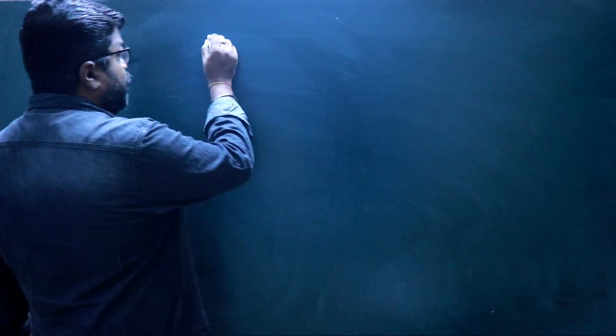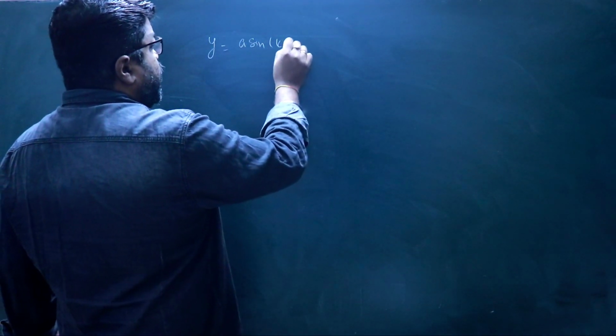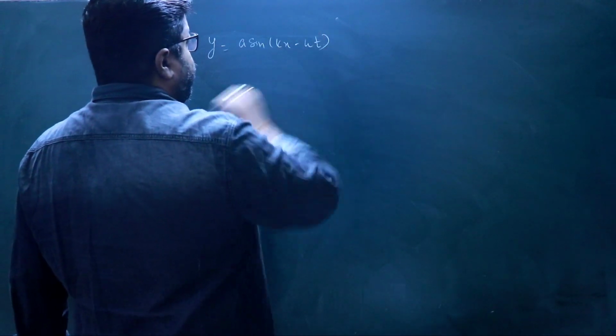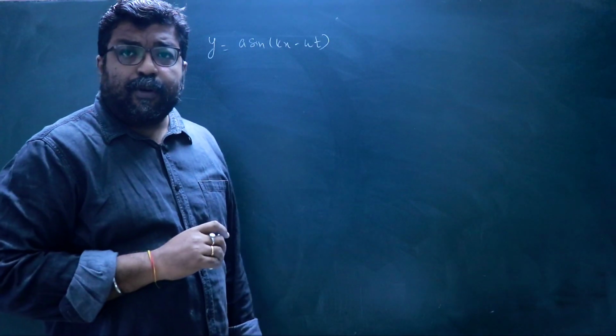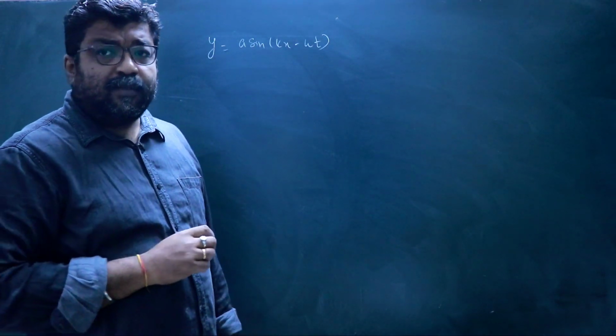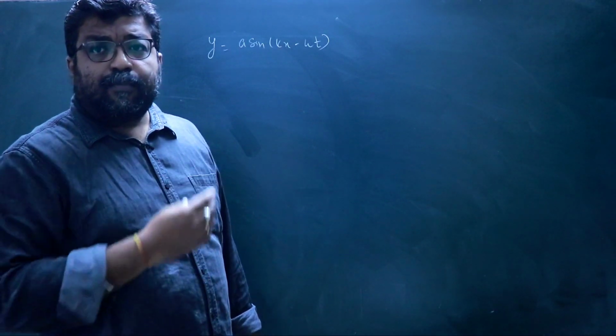One more thing you need to know: if I write y equal to a sine (kx minus omega t), this is the equation of a progressive wave. This wave is propagating along the positive x-axis, so we say it is a progressive wave.